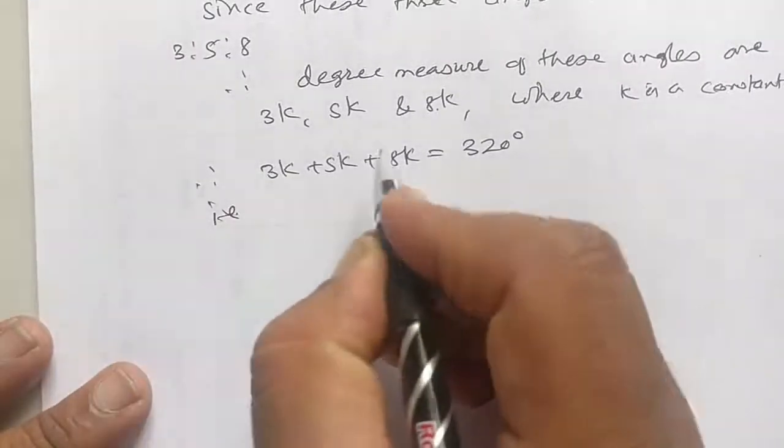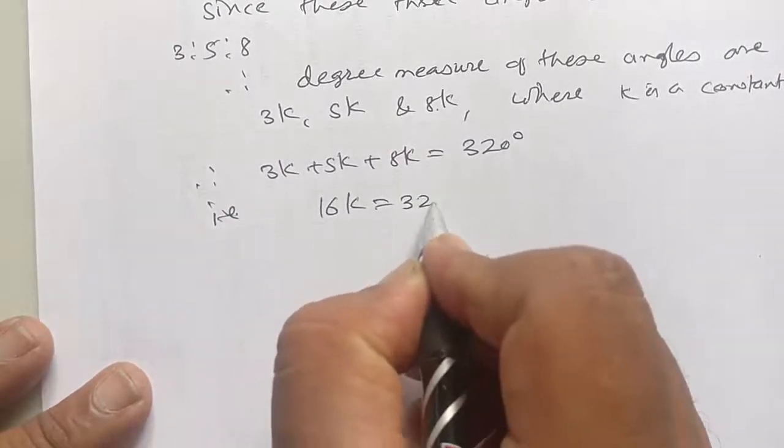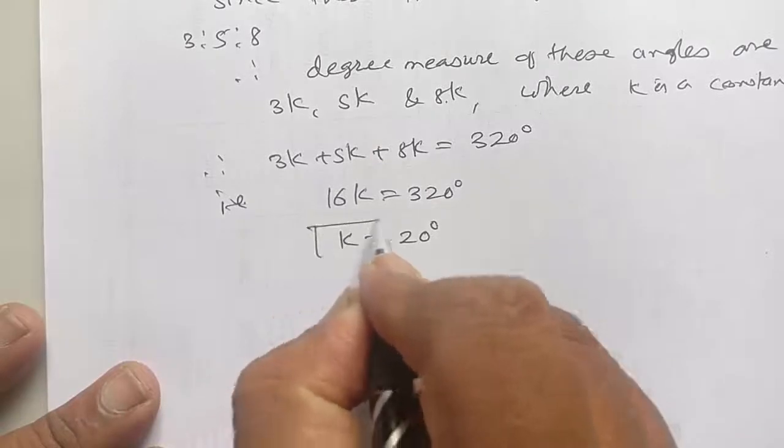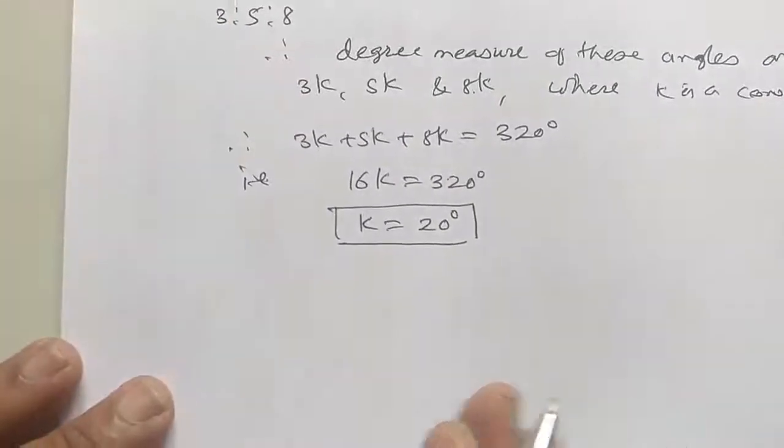That is 16K is equal to 320 degree. Therefore, K is equal to 20 degree. We get the value of K. K is equal to 20 degree.